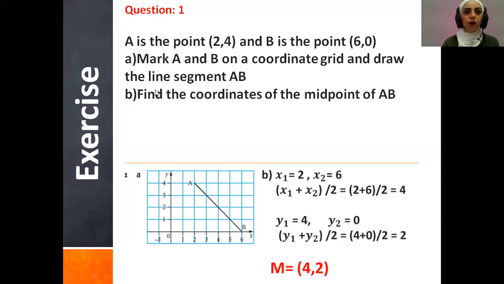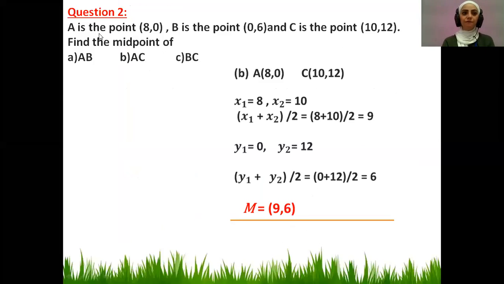Part A, you have 3 points. A is the point 8, 0, B is 0, 6, C is 10, 12. We need to find the midpoint of the line that matches A with B, A with C, and B with C.